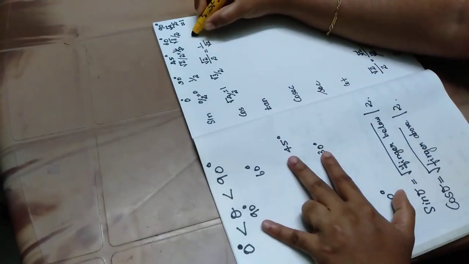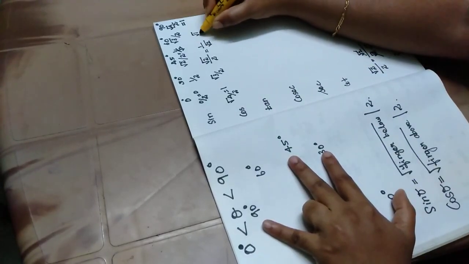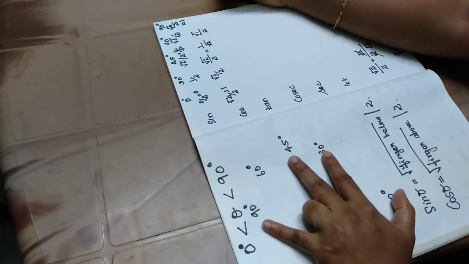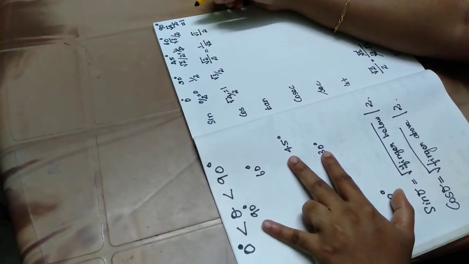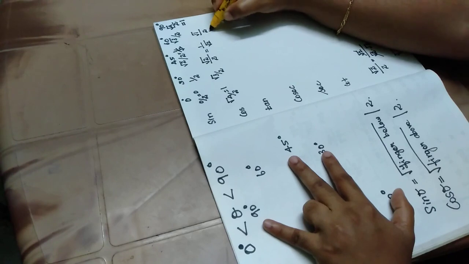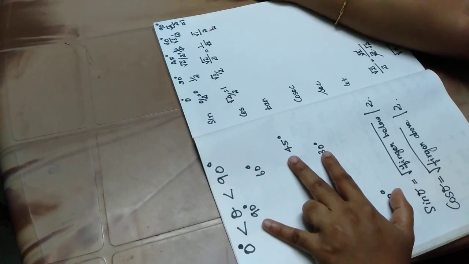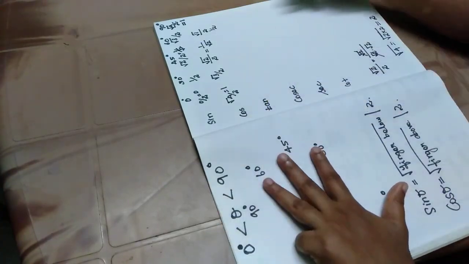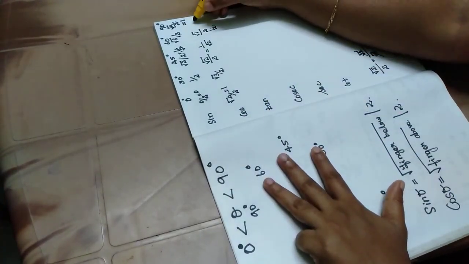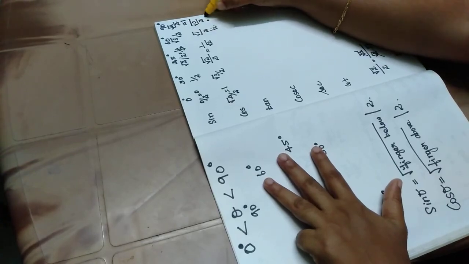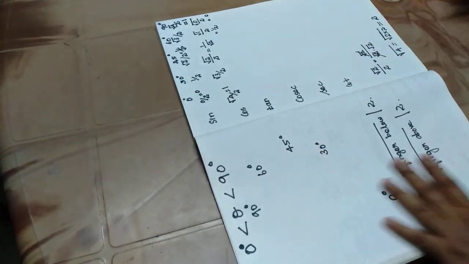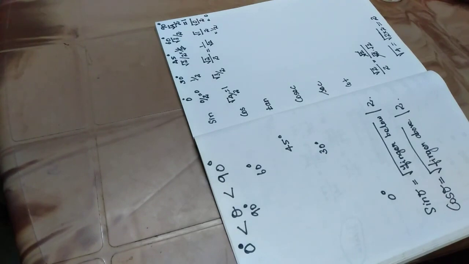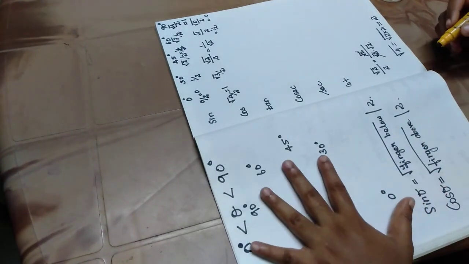That is square root of 1 divided by 2. So square root of 1 means 1 by 2. Now finally 90 degree. Above how many fingers are there? Nothing is there. That is 0 divided by 2, square root of 0, which is equal to 0, isn't that, ma?